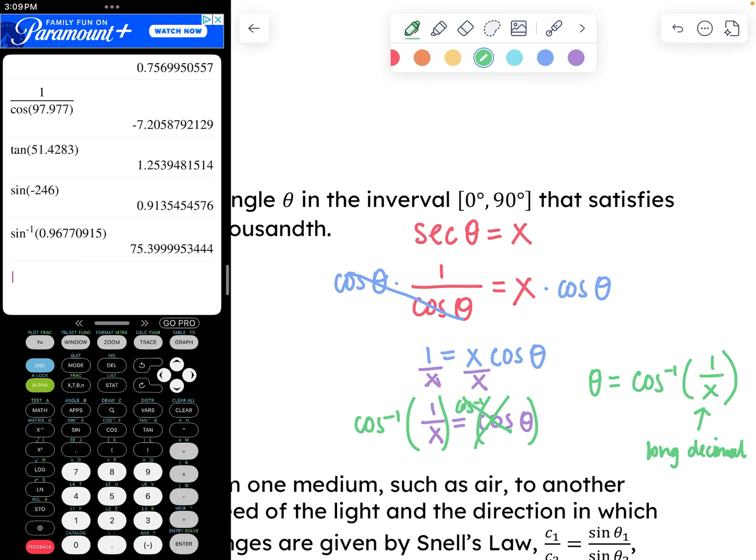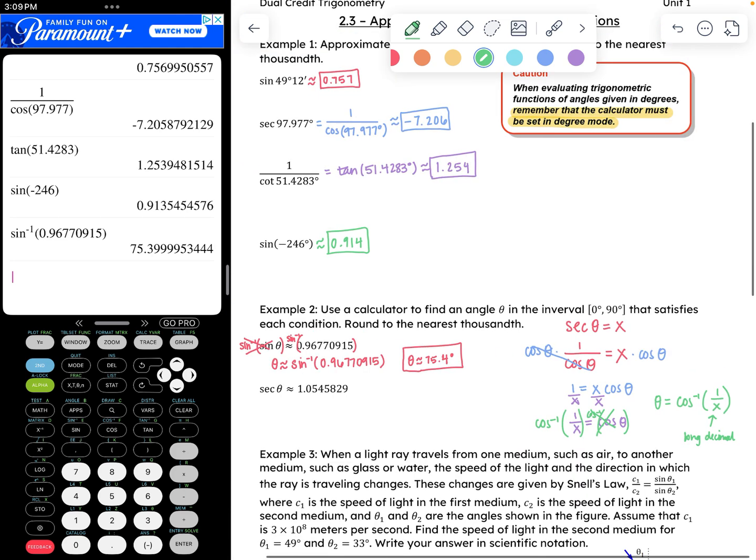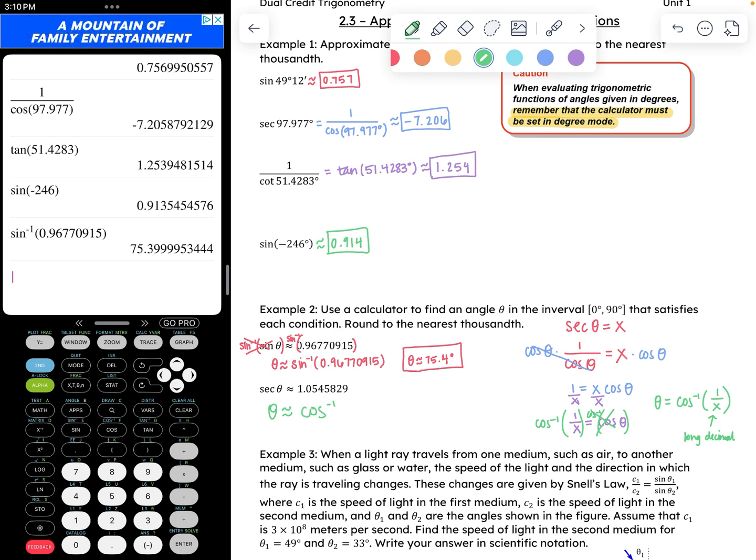So let's come back over to our problem over here. And that's how I'm going to plug it into my calculator. To figure out what theta is, it's going to be the inverse cosine of 1 over that decimal. So it's the same idea as what we did above, where we need to do our reciprocal to get something that we can plug into our calculator, but instead of just 1 over whatever we need, the fraction part is actually inside of the inverse cosine instead of it being 1 over and then the trig function.